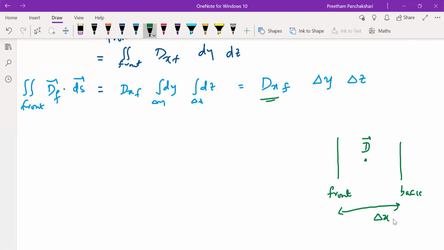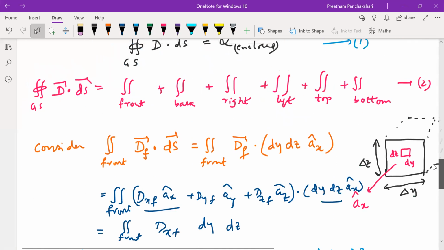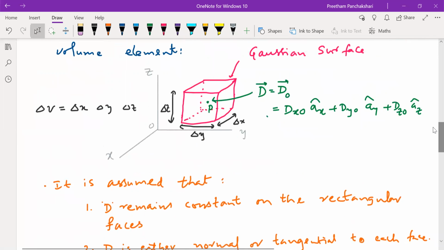To understand this diagram, we may have to move back to the original picture. So in this case, I'm looking from this side. If you see from this side, then this line, this face and this face we are concentrating on, and the length between these two is delta x.